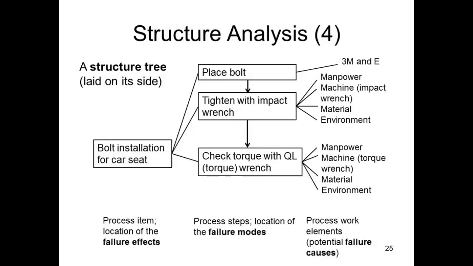We have generically manpower, machine, material, environment, and we know specifically that that step is going to depend on the impact wrench. That's the tool that's being used. Similarly for checking the torque, the tool used is the torque wrench. So we've identified that as a process work element.